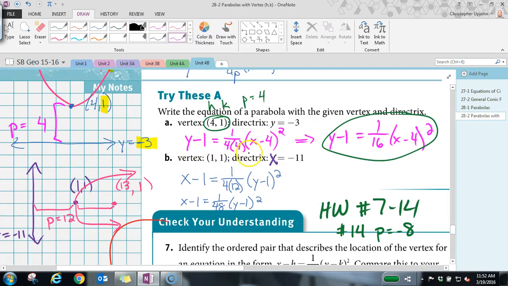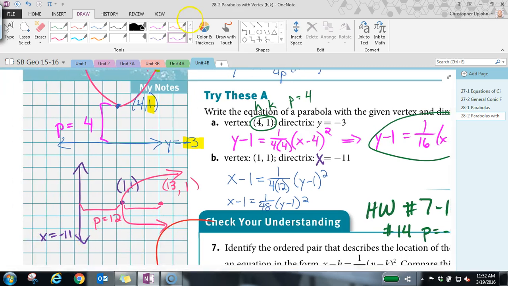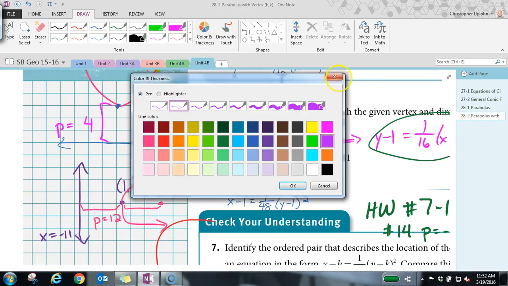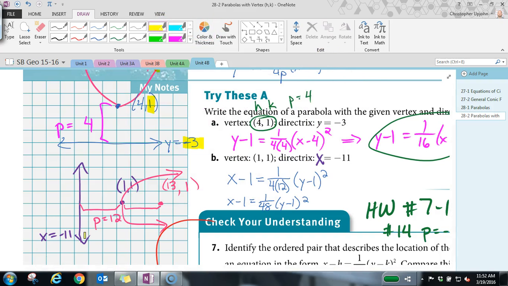Last one, if we're looking at vertex 1, 1, and directrix, I changed it to x equals negative 11, so we have a vertical line. And 1, 1 would be to the right of it. That means our parabola is going to open to the right, so our p-value is going to be positive. But again, all we're doing is looking at the difference between our x values, because that's our directrix now. X equals, and we look at our x here. So the difference between negative 11 and 1 is 12, so p equals 12.